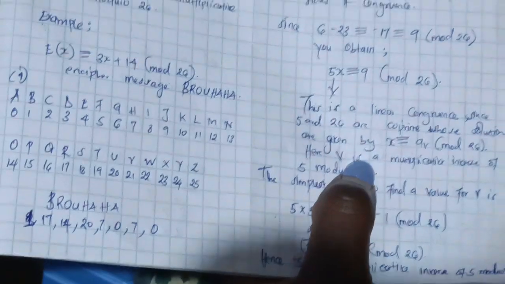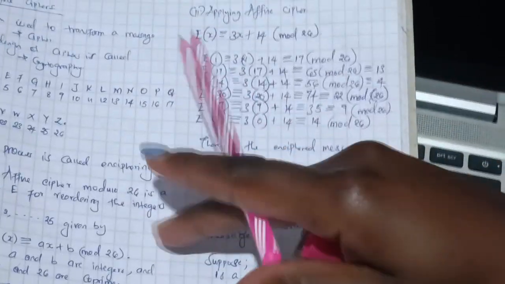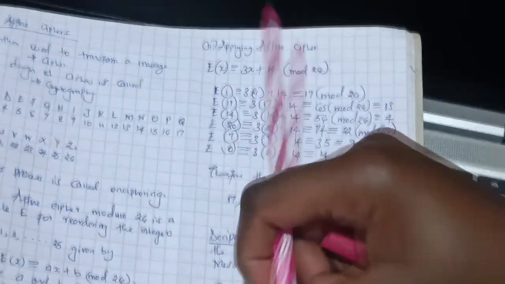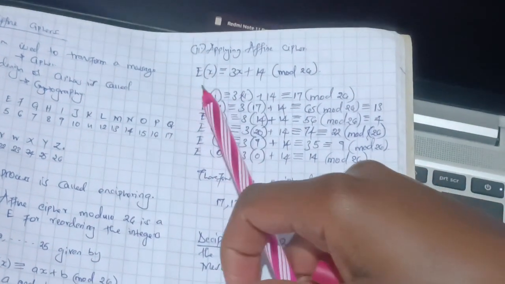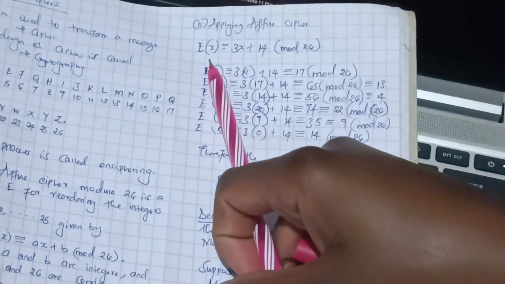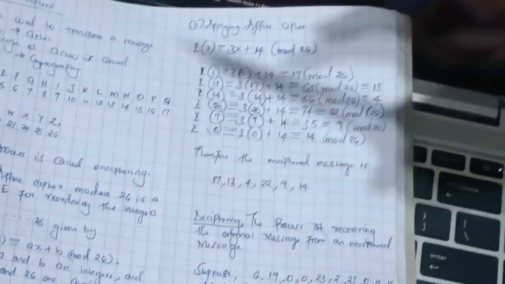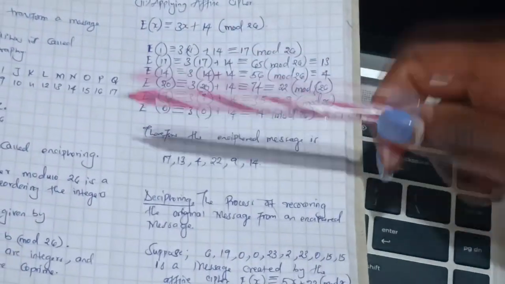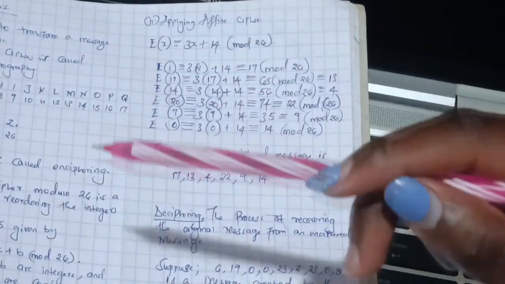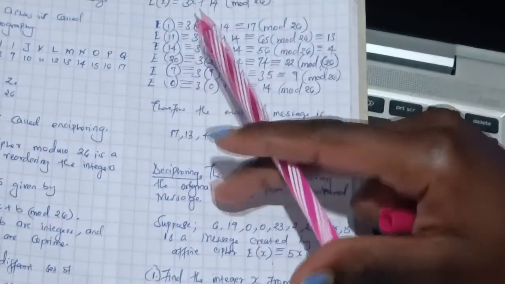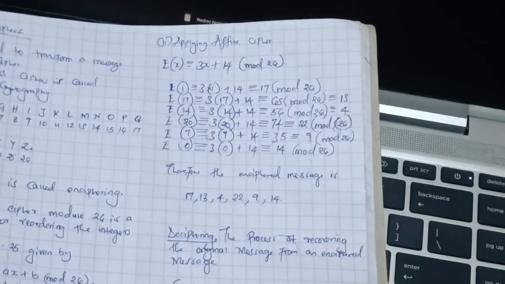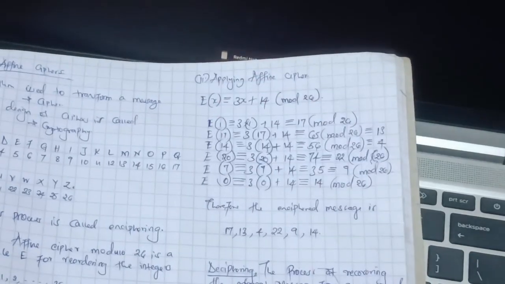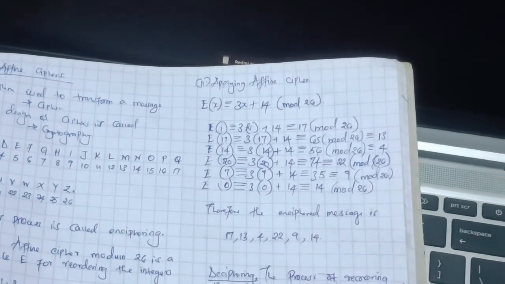After this, you can apply the affine cipher rule, the formula that we had encountered before. We substitute the numbers of the letters of brouhaha.